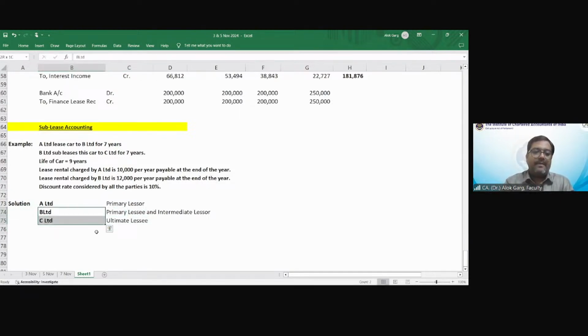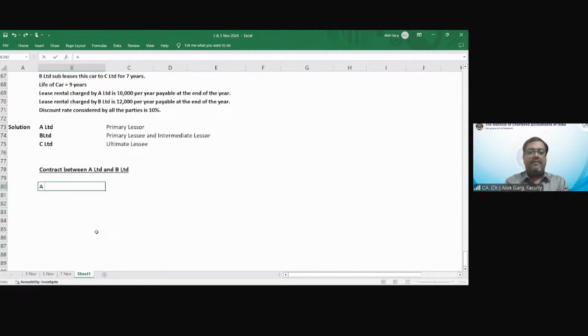So the contract between A Limited and B Limited: A Limited will do the lessor accounting as per finance lease. What will B Limited do? B Limited will do the ROU accounting as per Ind AS 116.